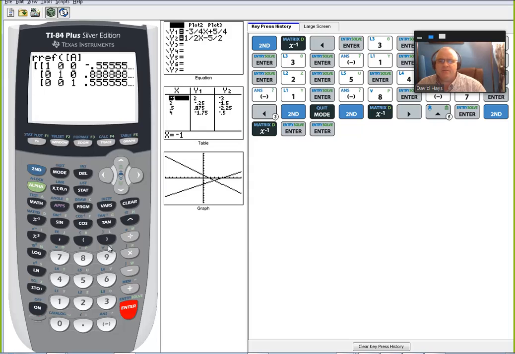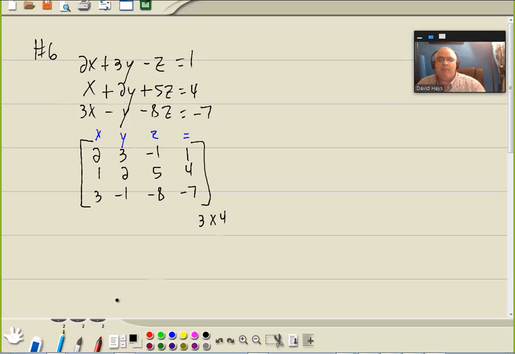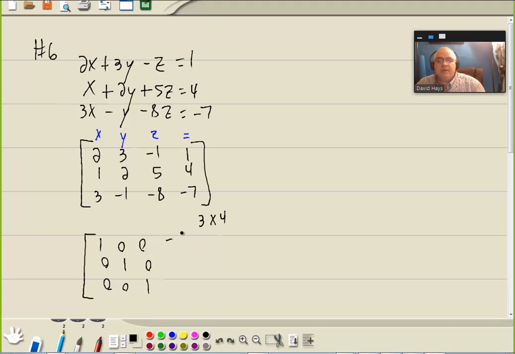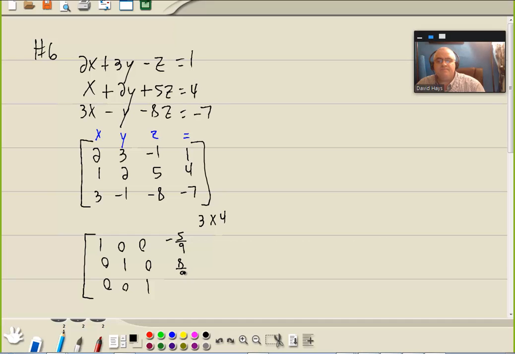Now we got decimals, so we'll do math, enter to change them to fractions. And then we got negative 5/9, 8/9, and 5/9.